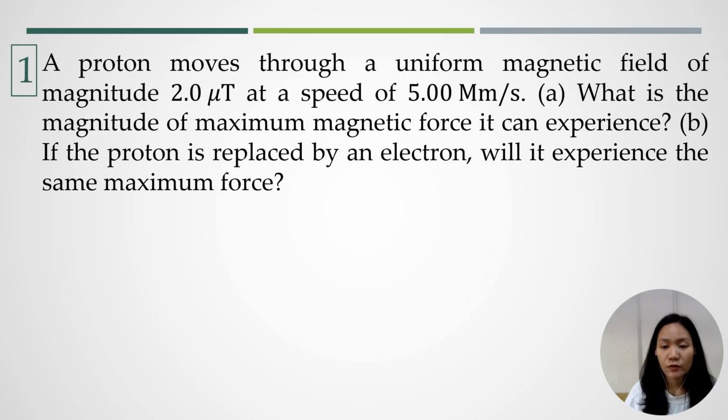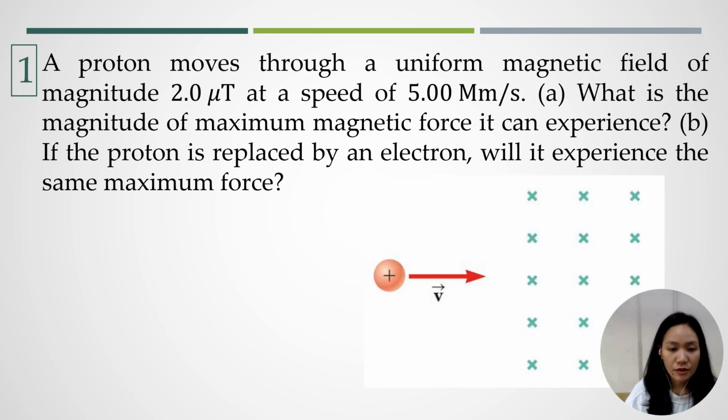Now, first step would be visualization. Imagine a proton enters a magnetic field that is in this direction. Say, for example, the magnetic field is towards the screen or into the screen as represented by the X marks.